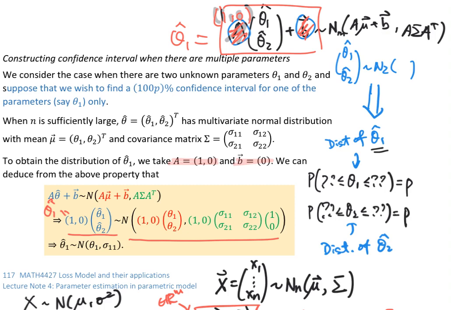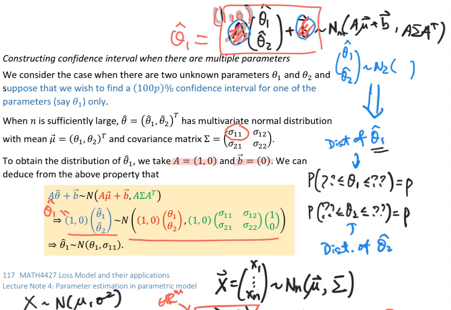You will find that theta 1 hat follows the normal distribution with mean equal to theta 1, and variance sigma 1 1, which is the first diagonal entry of your covariance matrix. This is the case for theta 1 hat.